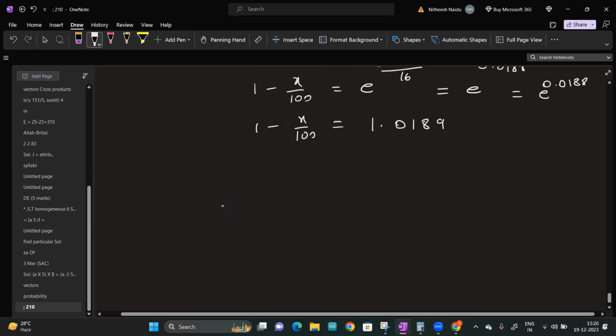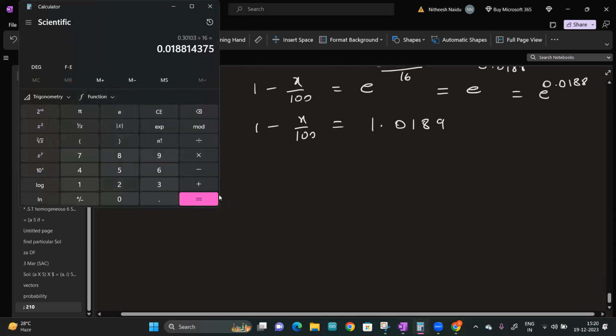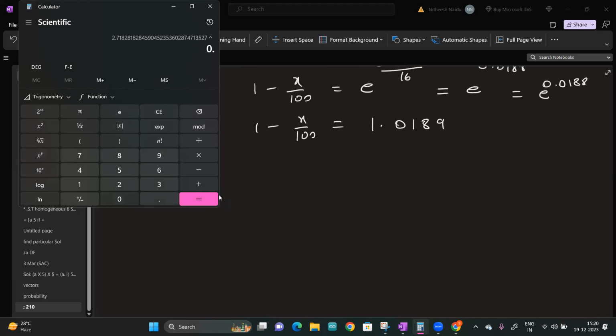I will show you here: e power 0.0188, I copied this value. It is 1.0189.